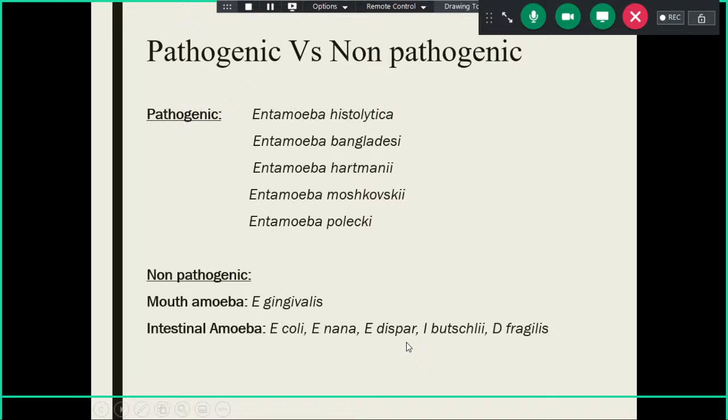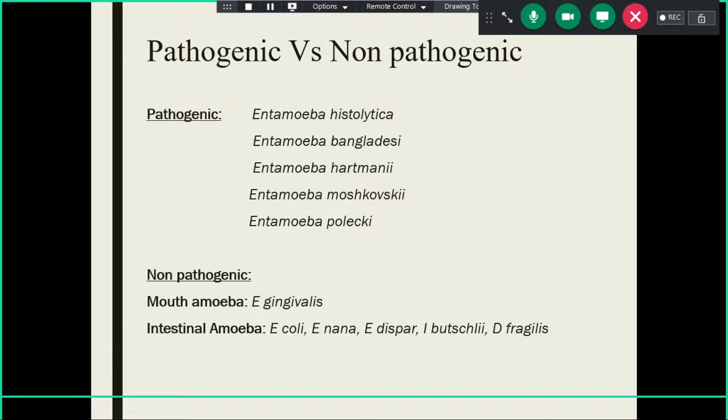Briefly about the pathogenic and non-pathogenic, as I told you, the pathogenic ones are Entamoeba histolytica, Entamoeba bangladeshi, Entamoeba hartmanni, Entamoeba moshkovskii, Entamoeba polecki. These are the new ones. See, histolytica has been known for ages, but the new ones, bangladeshi, hartmanni and the recent ones, are getting added to the list of pathogenic amoeba. Okay.